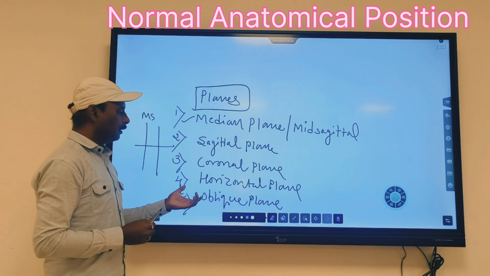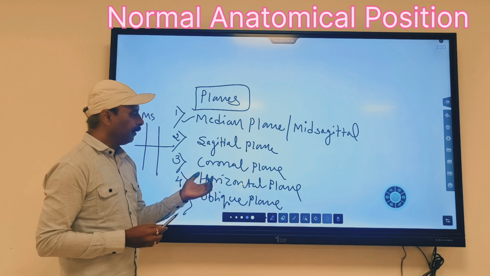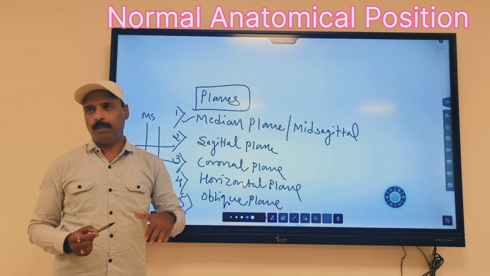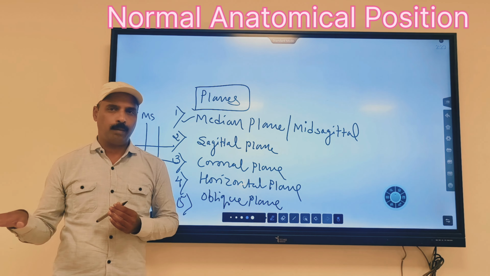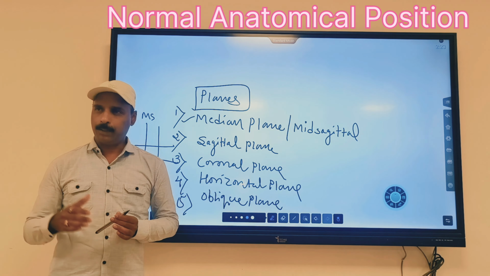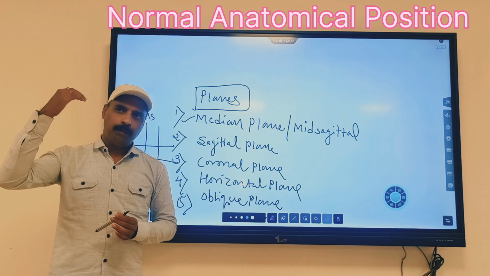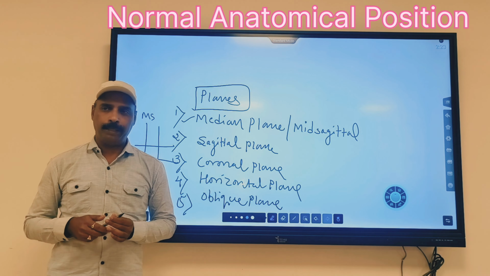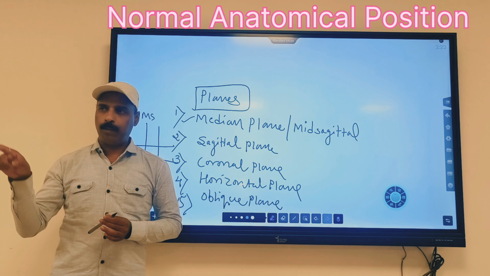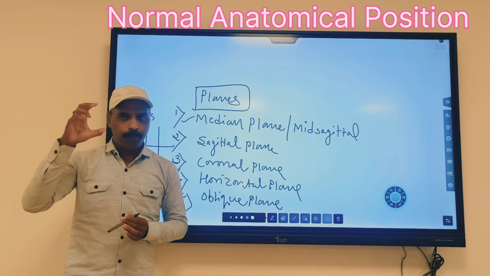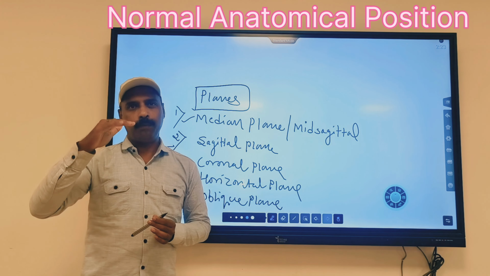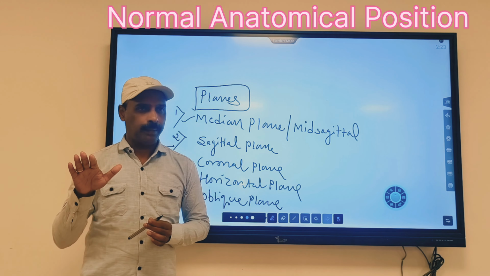Okay. Then next comes the horizontal plane. It is any plane which is horizontal to the horizon. Horizon means the ground or the earth. The actual meaning of horizon is where we see the earth and sky meeting together. Actually they are not meeting, but we get one line on the earth, and that point we call the horizon.